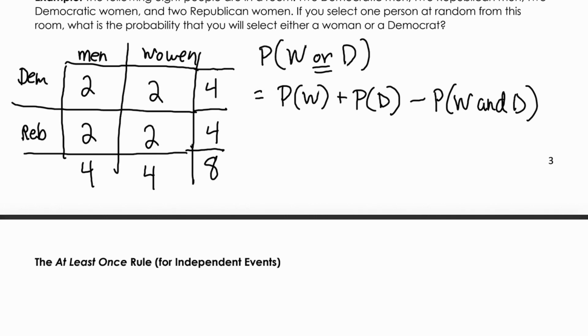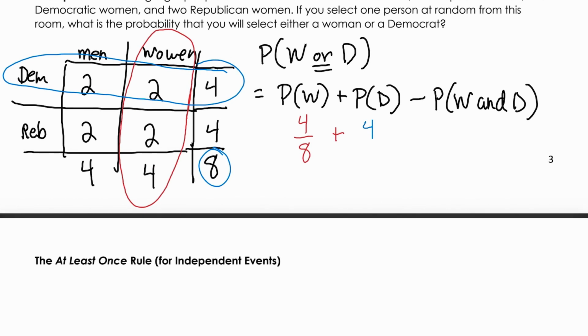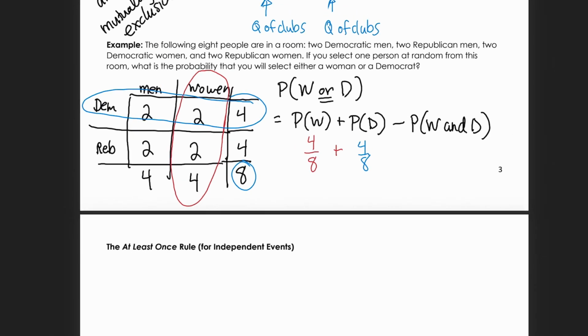The probability of getting a woman is 4 out of 8. If I look at this woman column, there's a total of 4 women out of a total of 8 people. Then I'm going to add that to the probability of choosing a Democrat. There's 4 Democrats out of 8, so I'm going to add 4 over 8.